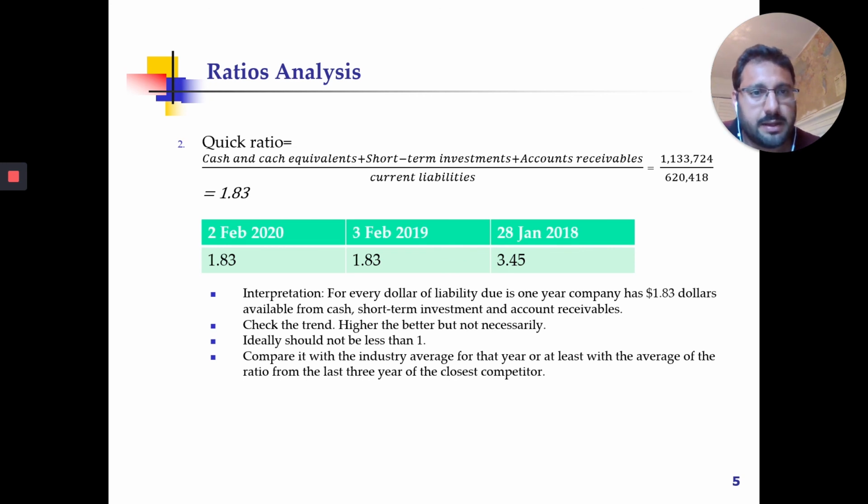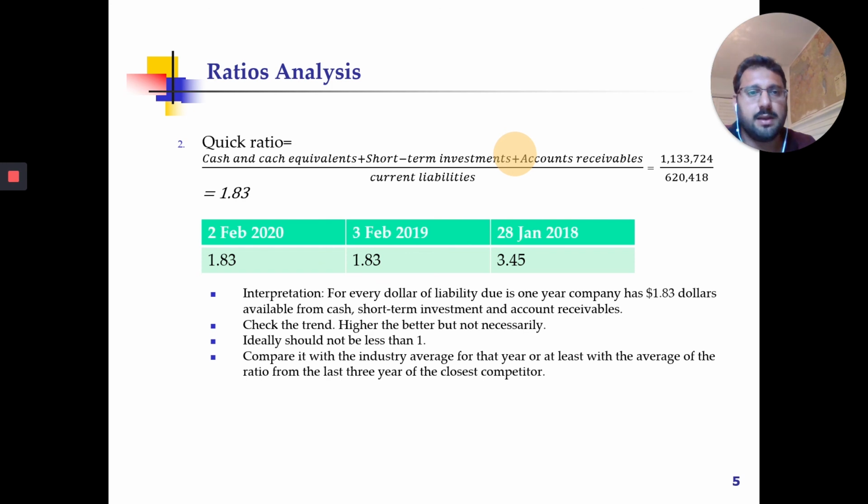For Lululemon, this ratio is 1.83. If you add all these numerator line items from the balance sheet, we get 1,133,724 in the numerator, and the denominator is the current liabilities. If you see the trend, it was 3.45 and it comes to 1.83 in 2019.